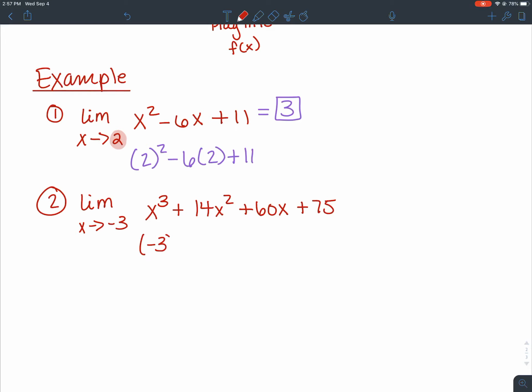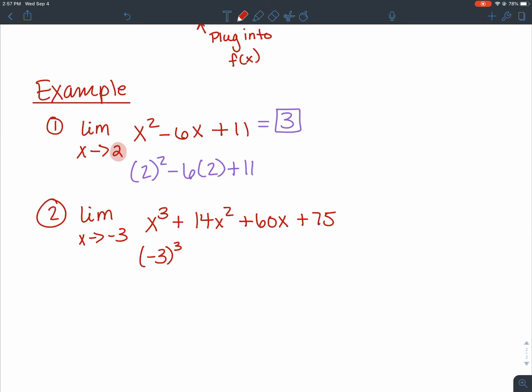That's my C. That's what we're approaching. So I'm going to plug in negative 3 into everything. Okay, so again, I'm just going to highlight. This is what I have put in all of my x's. Okay, so I'm going to type that into my calculator, and you should have got that it was negative 6.